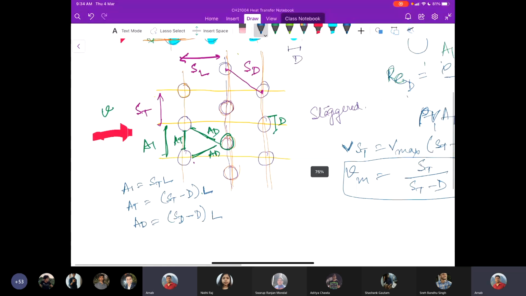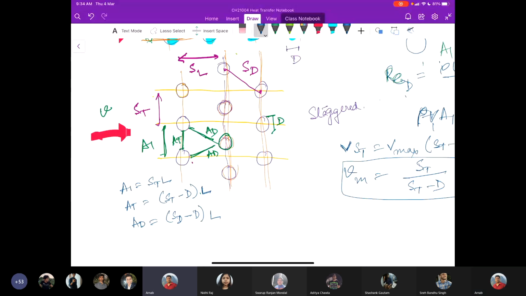The flow, once it comes and wraps around a particular tube, would go in this way, and it is also passing through the AT, the flow area reduced by the distance between two consecutive rows.